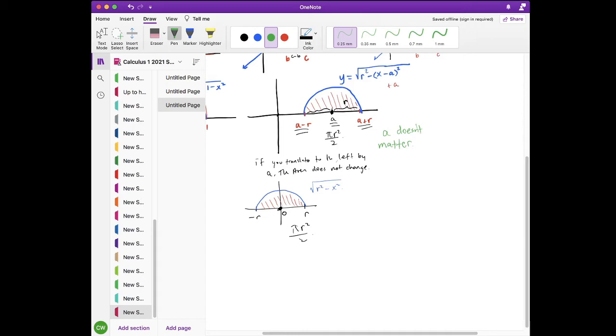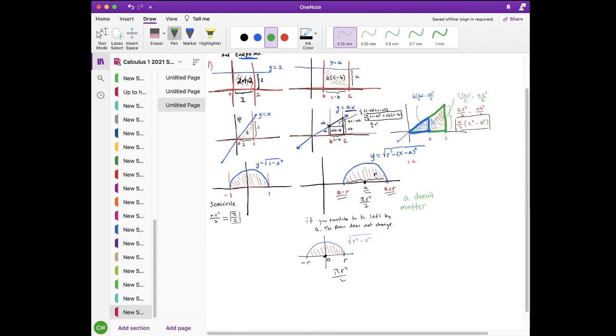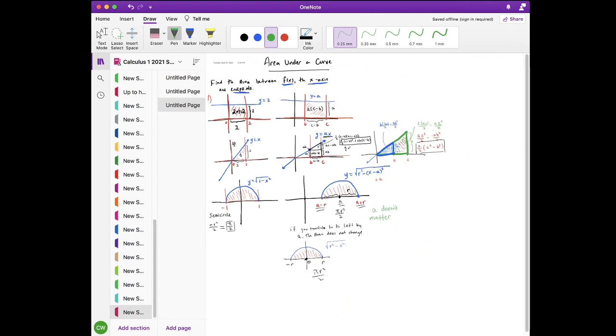Okay, so any questions on how to find area underneath the curves just using some geometry? Okay, so for a lot of the rest of the class, this is pretty much as much as we can do in geometry, right?